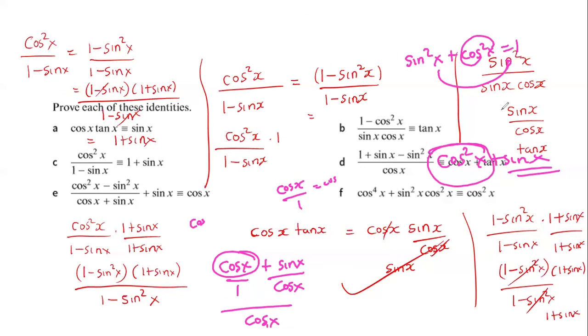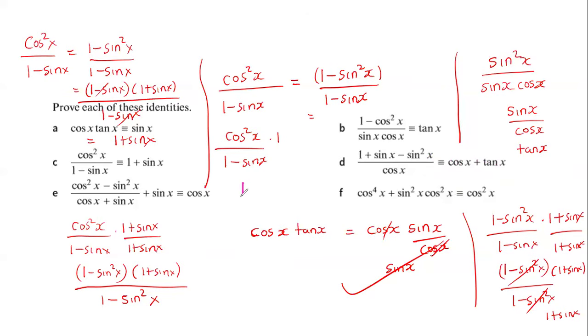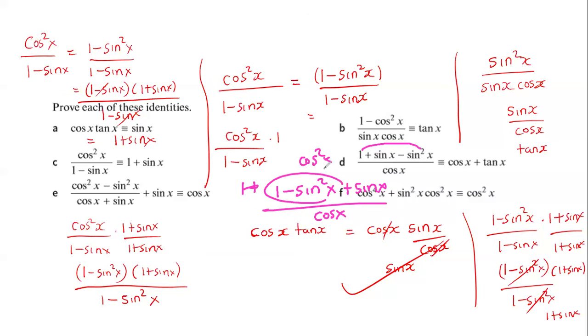It was 1 plus sine x minus sine squared x. If you are coming from the left, you must arrange it in this way. 1 minus sine squared x is the cos squared x. Oh, teacher, I've understood. Thank you.